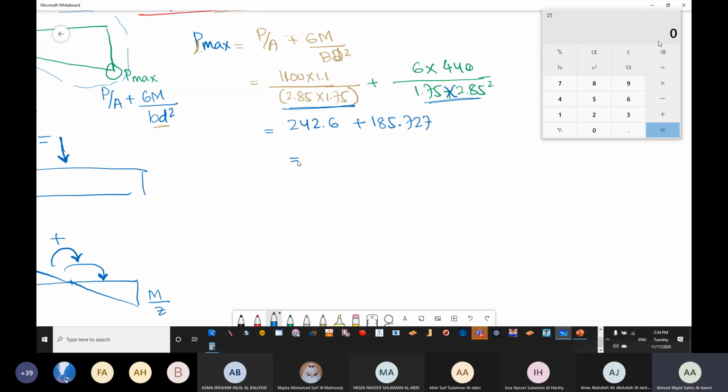Now, why am I calculating this? Calculating this as well, which is 428.33. Now you are telling me the load generated because of this point load and because of the eccentricity is going to cause a pressure of 428.33 kilonewton per meter square, and the soil can only take 250, right?